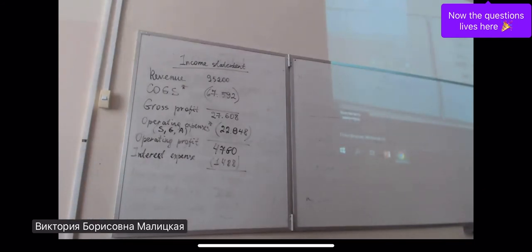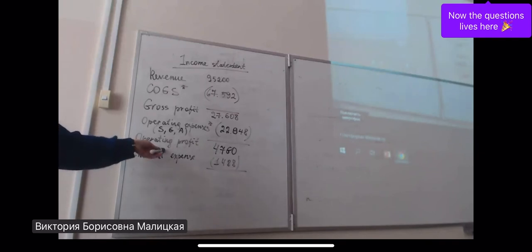What do we get? Before net income, before, it's called EBITDA, not exactly, but close. EBITDA we will not calculate here. Before depreciation and amortization. EBIT. This is actually EBIT. That was operating profit.